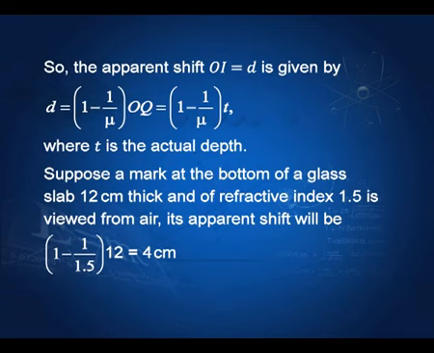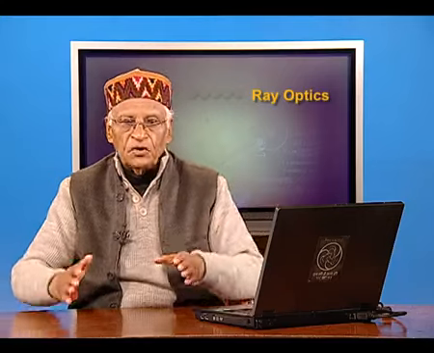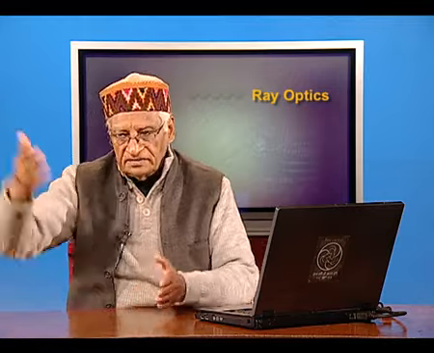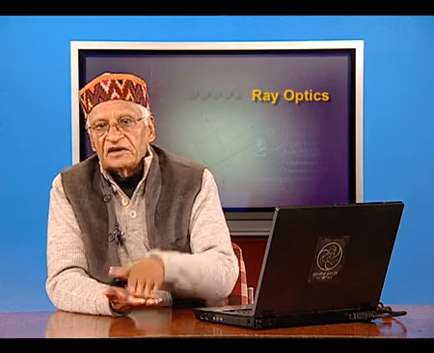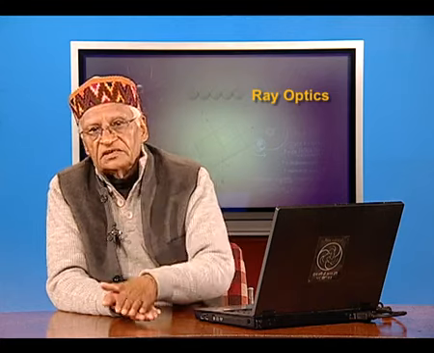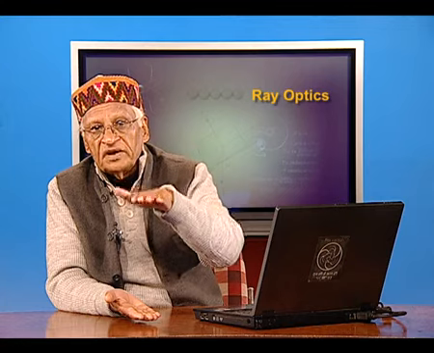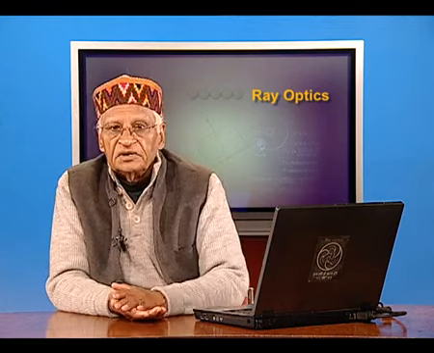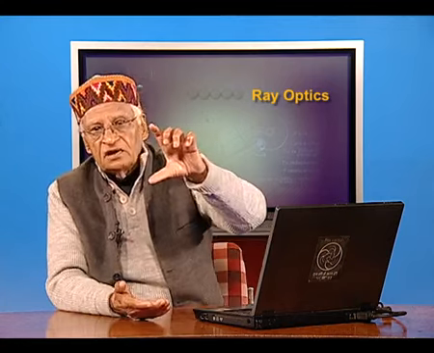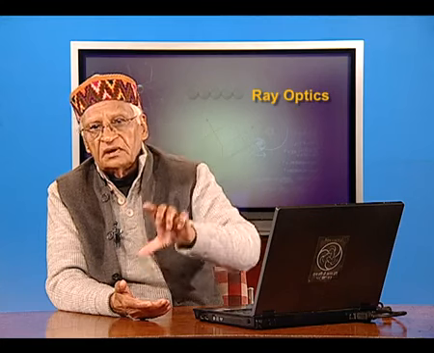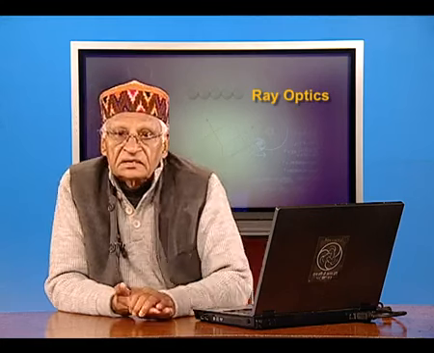That is, if a glass slab of refractive index 1.5 is of thickness 12 centimeters, then an object placed at the bottom of the slab appears to have been raised by 4 centimeters. That is, it appears from the top surface at a distance of 8 centimeters.